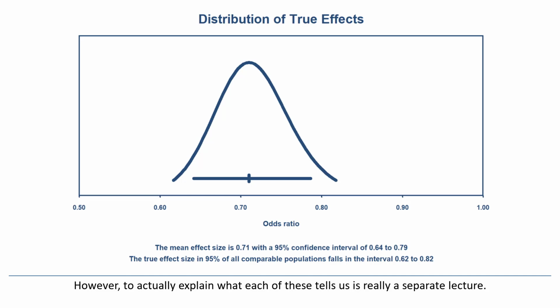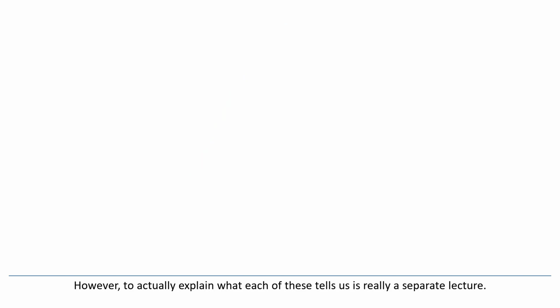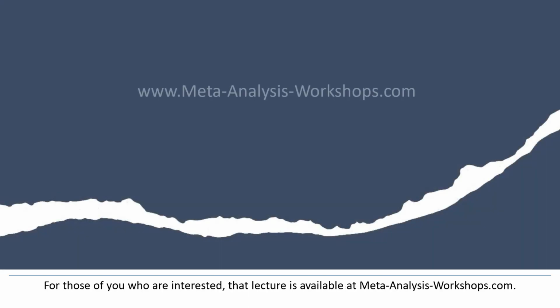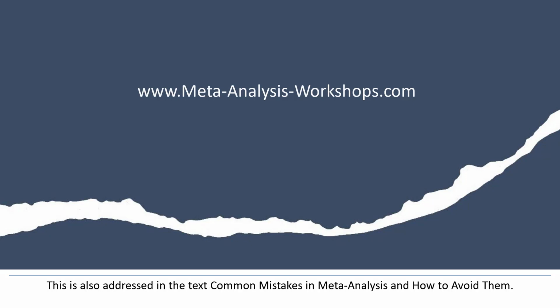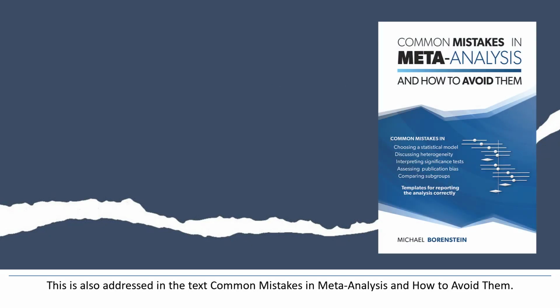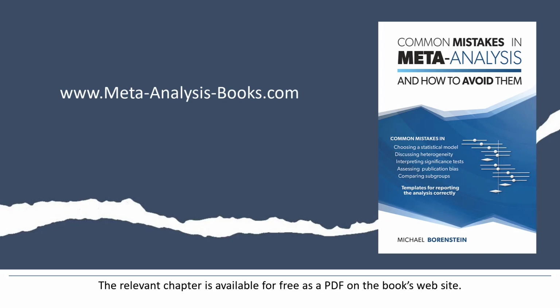However, to actually explain what each of these tells us is really a separate lecture. For those of you who are interested, the lecture is available at metaanalysisworkshops.com. And this is also addressed in the text Common Mistakes in Meta-Analysis and How to Avoid Them. The relevant chapter is available for free as a PDF on the book's website. I encourage you to take advantage of these resources.